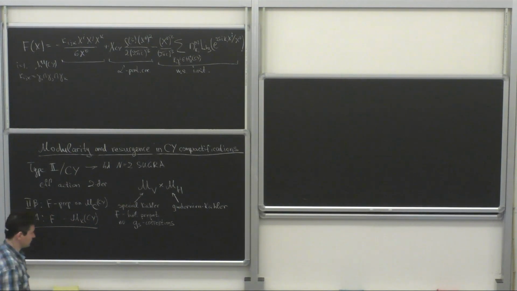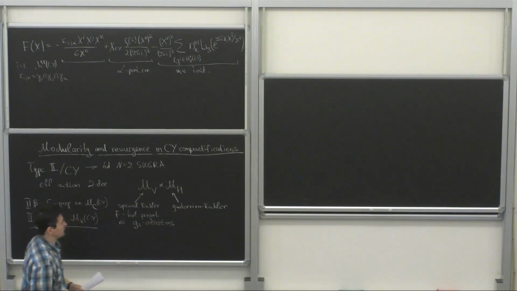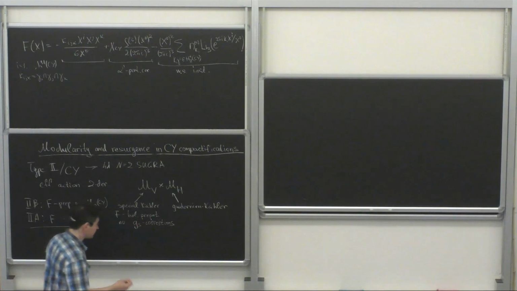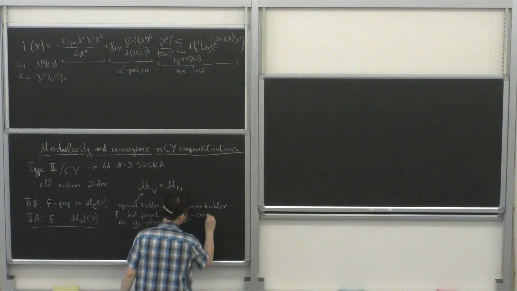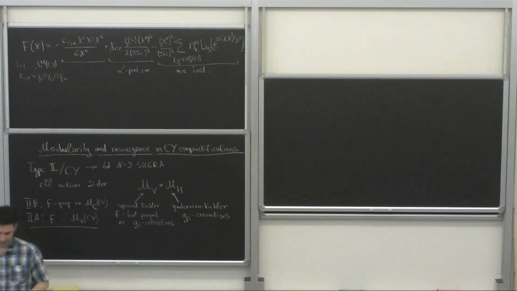Still, this imposes quite serious restrictions on the metric. And from the physics point of view, the most important fact is that there are g_s corrections, both perturbative and non-perturbative.